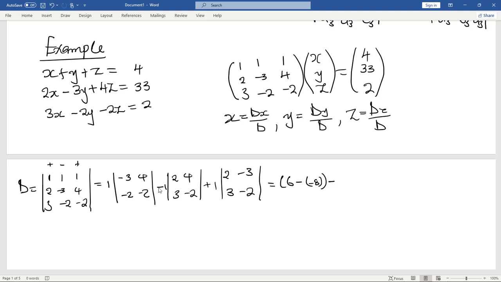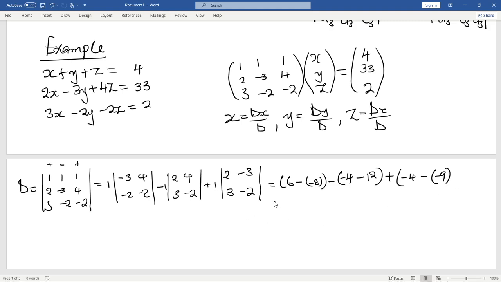Minus, here we have the 1 outside there. 2 times negative 2, we get negative 4. Then minus 3 times 4, we get 12 there. We close and we add this side. Then 2 times negative 2, we get negative 4 here. Minus 3 times negative 3, we get negative 9.